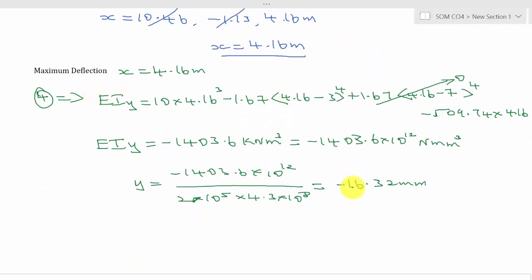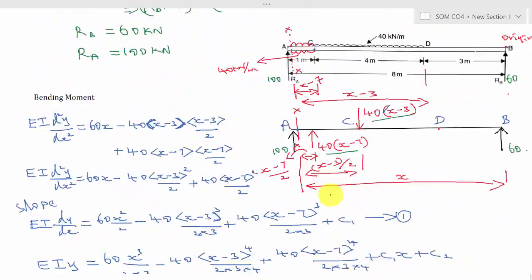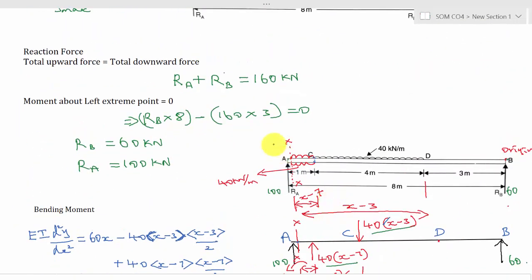After calculating x, by using the same procedure I have calculated the y value. So the important thing about uniformly distributed load is the load should start from the section. That is why I have considered the two loads here. So this 40 kilonewton I have extended up to x and I have applied the same magnitude of force in the opposite direction so that it will be nullified.